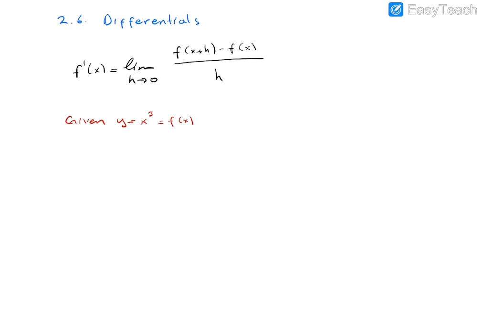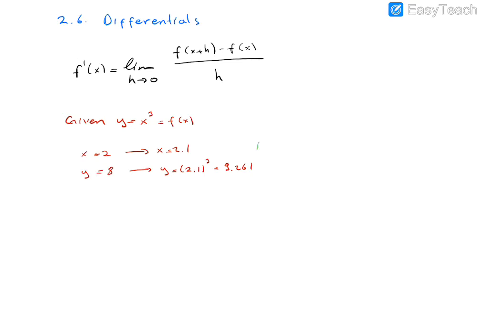If x changes from 2 to 2.1, then y will change from which value? For x equals 2, y is 2 to the power 3, 8. For x equals 2.1, y is 2.1 cube, which is 9.261. So the change in x is called the increment in x, and it is denoted by delta x.